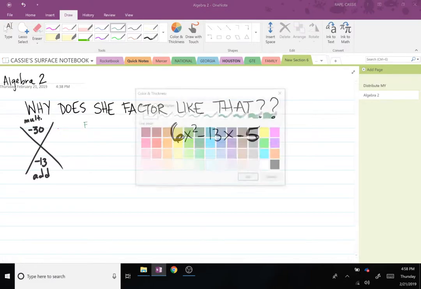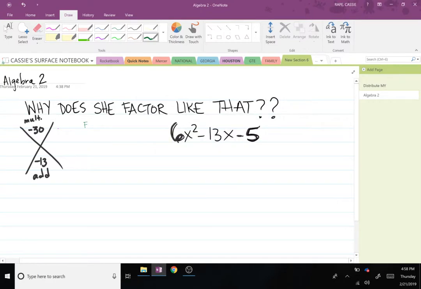I just go ahead and make a factor list, all right, and try to figure out what are the factors of that -30. So I start with 1. 1 times 30 is equal to 30, and then I go on to 2. 2 times 15 is equal to 30. Then I go on to 3. 3 times 10 is equal to 30. 4.